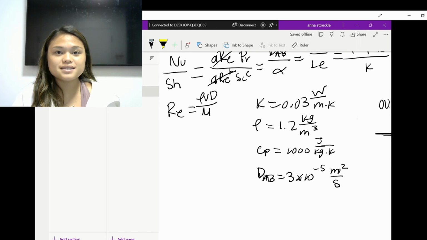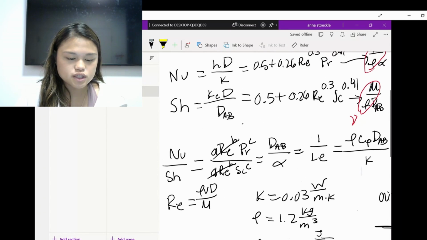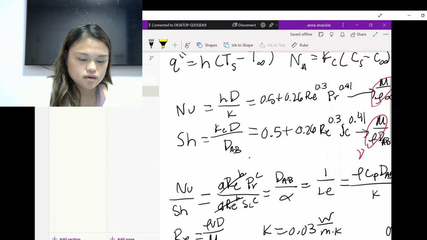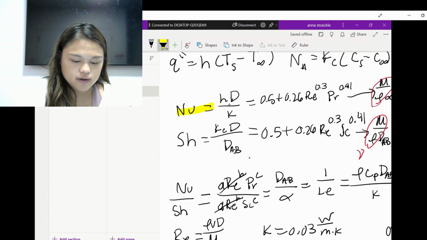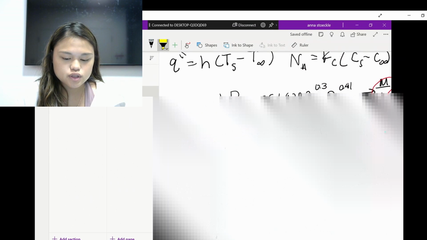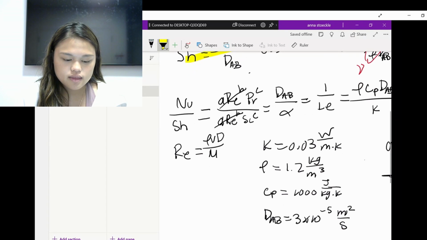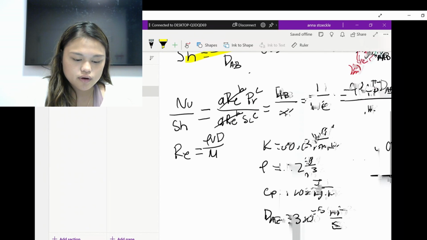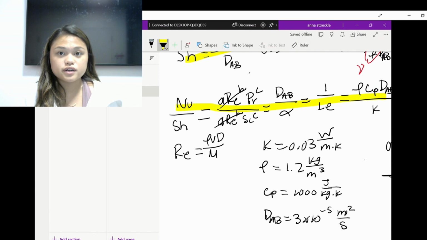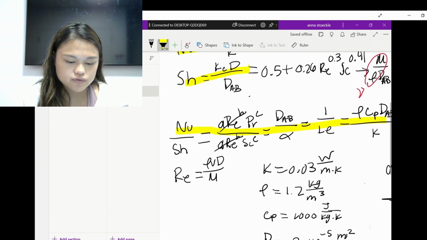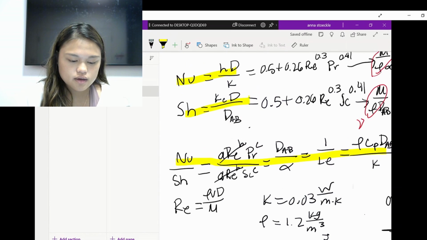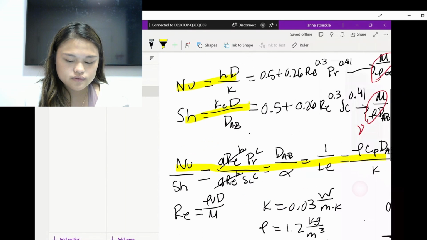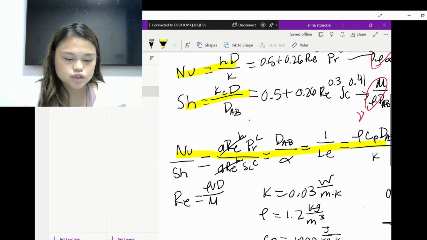All right, so lastly, I want to make a relationship between these variables we defined up here for the Nusselt and Sherwood number, and then the relationship of dividing those over here. So what I'm going to do first is take these and divide them by one another, which is how they are.